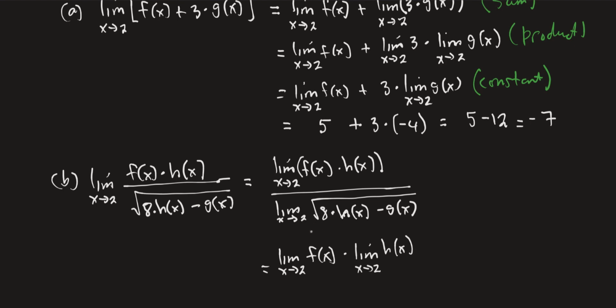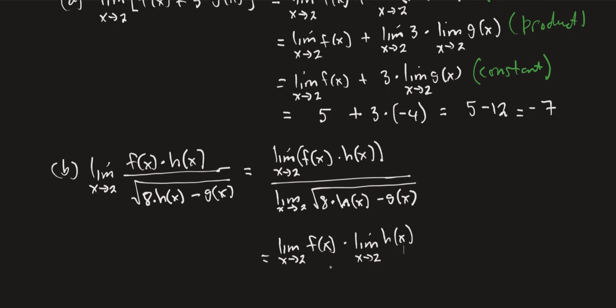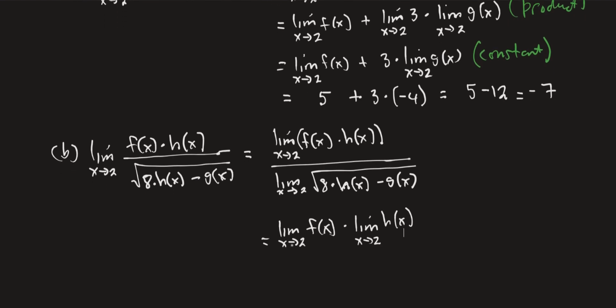Now this is where we're going to use that property with the composition and take the limit inside the square root. So we're going to have a big thing here, and then this will be the square root of, well, what are we going to write down?